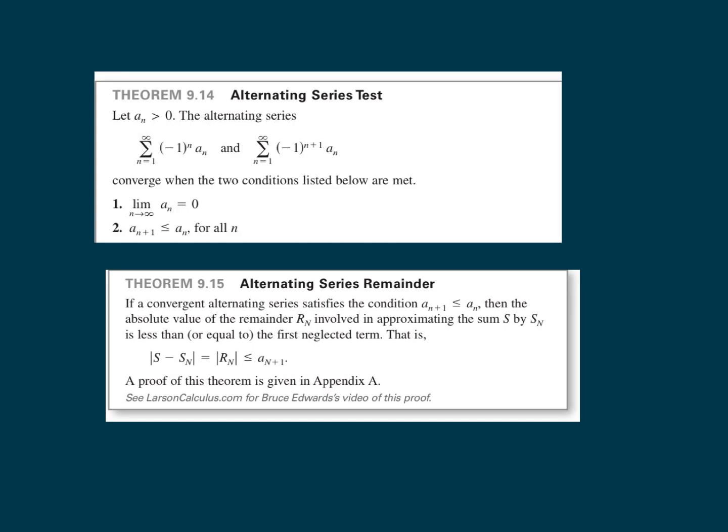The alternating series is constructed from the initial series A1 plus A2 plus A3 plus A4, where you change the sign and keep going.